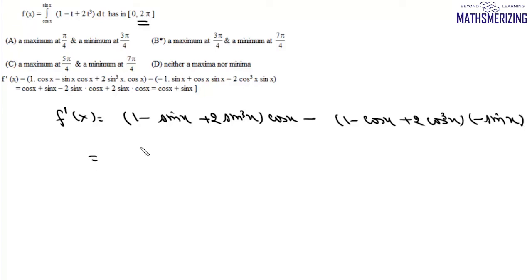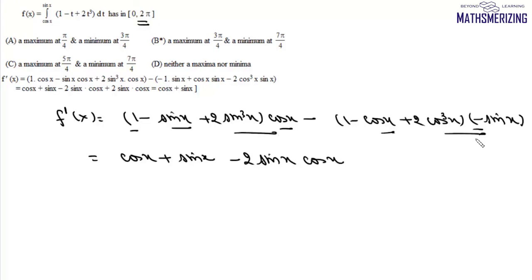Now we'll simplify this. We'll get this as cos x plus sin x. Now here it is sin x into cos x, and here also it is sin x into cos x. So it will be minus 2 sin x into cos x, and finally for this we can write 2 sin x cos x, and then it will be sin²x plus cos²x, which is 1.